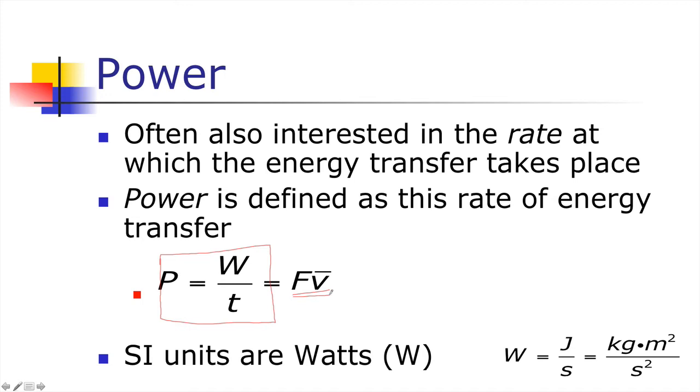Okay. As you know, the SI unit of work is joule, and the SI unit of time is second. So therefore, the SI unit of power is joule per second, and that has a special name known as watt.